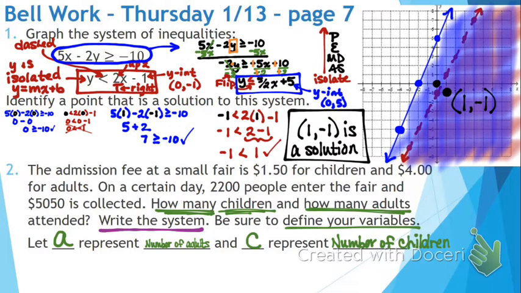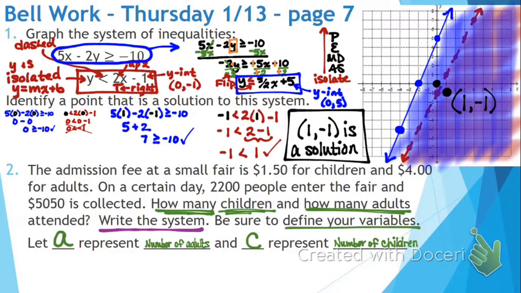Okay, now we need to write our two equations. If you weren't in the Zoom yesterday, I talked about how I approach system of equations word problems. First thing I always do is define my variables. Next, I'm on the lookout for two different things.